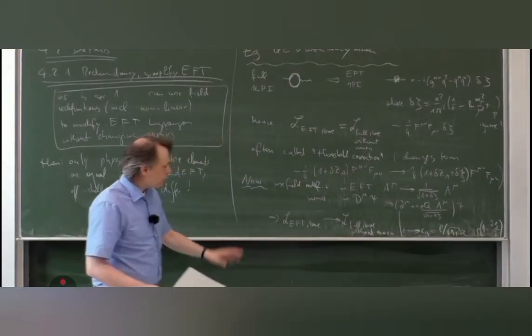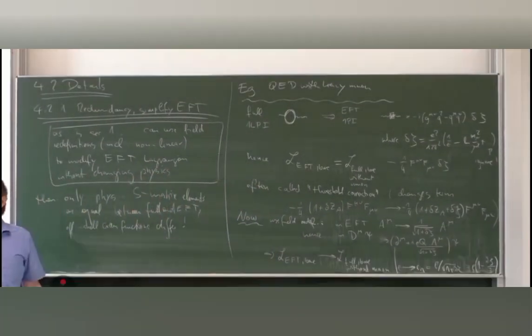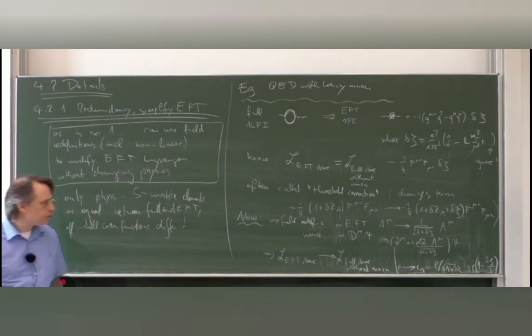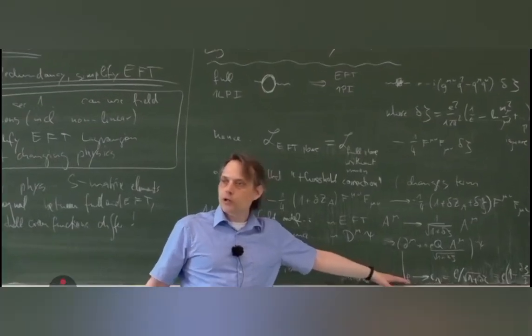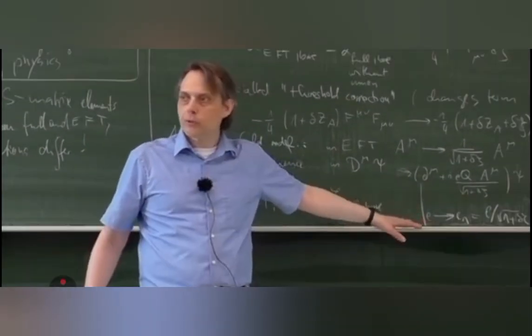And the coupling constant change is then really the physical effect of integrating out the muon. So it's easier to see the physical meaning of integrating out the muon in this way than it is in the other way.